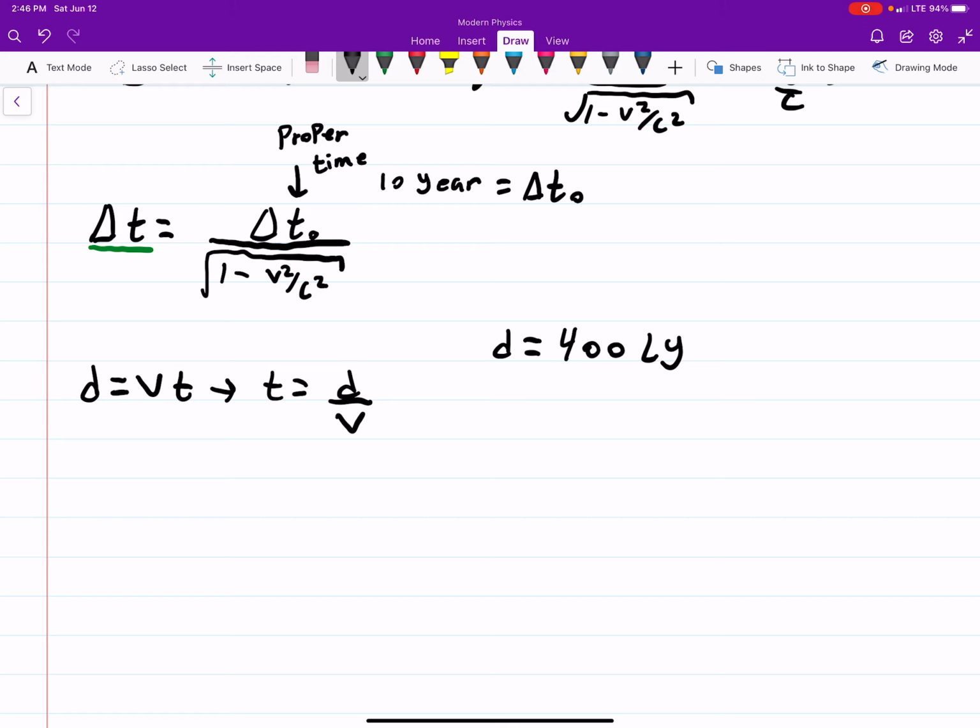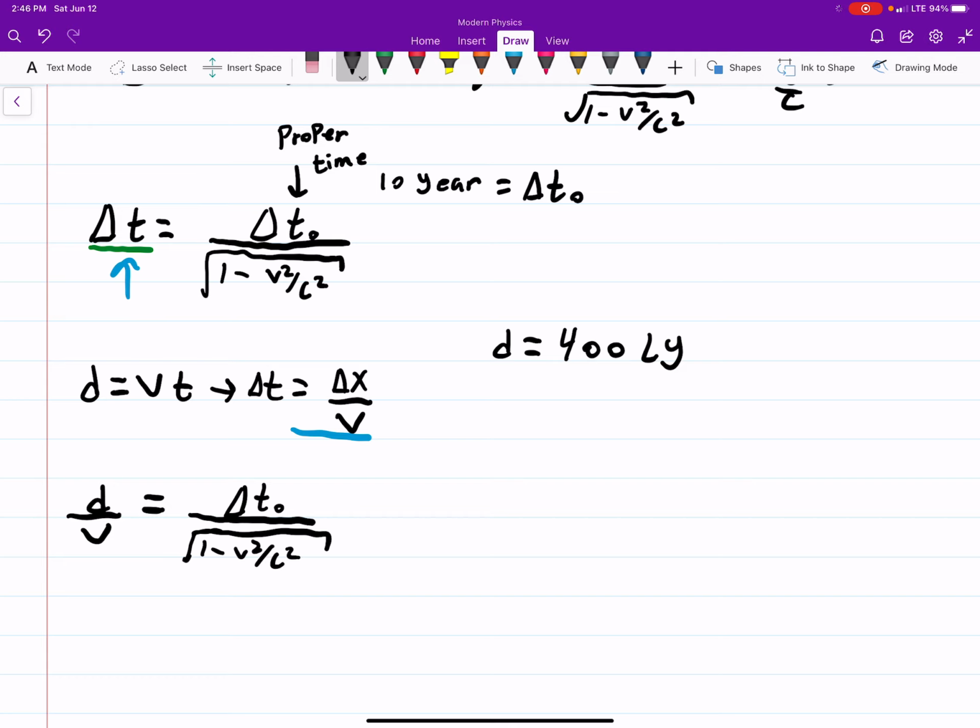So let's go ahead and plug in what we have. This can be plugged in here now. So we have d over v equals, I'm going to keep calling it delta T naught. And if you wanted to, you could call this delta T, and then you could call this, say, delta X if you wanted.